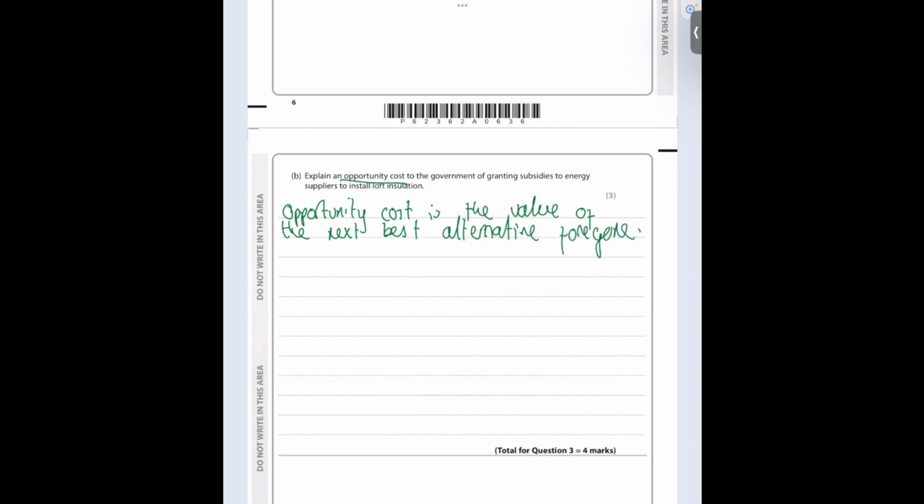Okay, so government granting subsidies to energy suppliers to install loft insulation. One opportunity cost might be government spending on education, or maybe other infrastructure products. So just something else which could have a potential benefit.